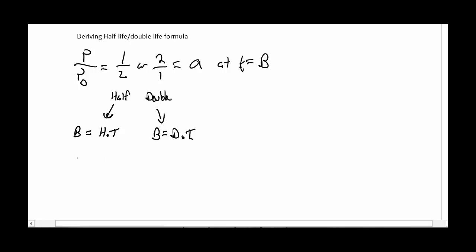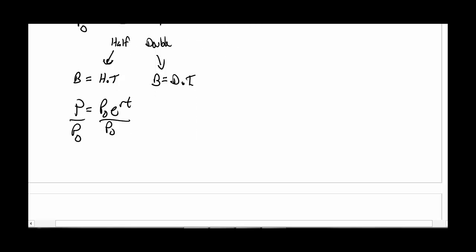Okay, so we're going to do our PERT formula. And again, I'm going to divide by P naught. And when I divide, I'm going to replace this thing with A. And at the same time, I'm going to replace t with B, because remember, B is a specific time when that either half-life or double life occurs.